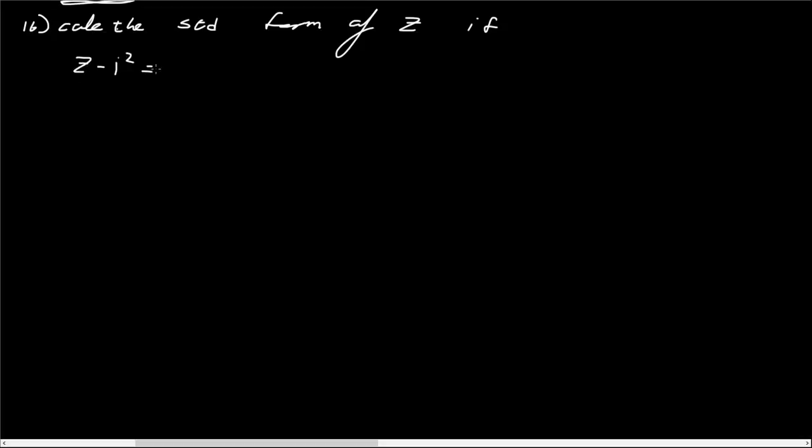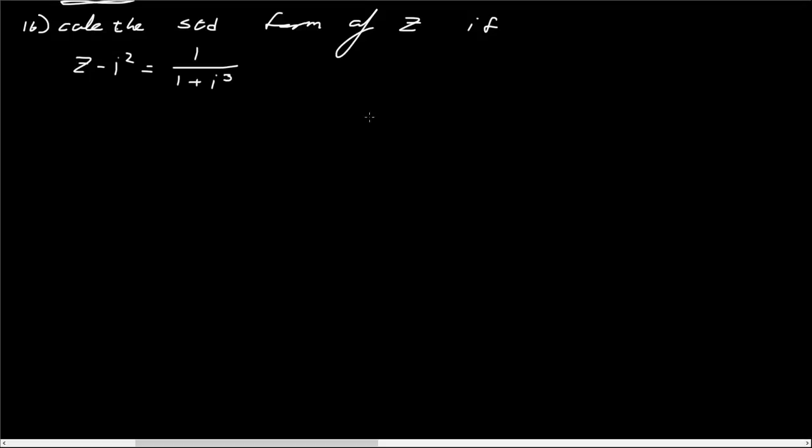Okay, the next question is question 16. It's quite interesting. It says calculate the standard form of z if z minus i squared equals 1 over 1 plus i cubed.